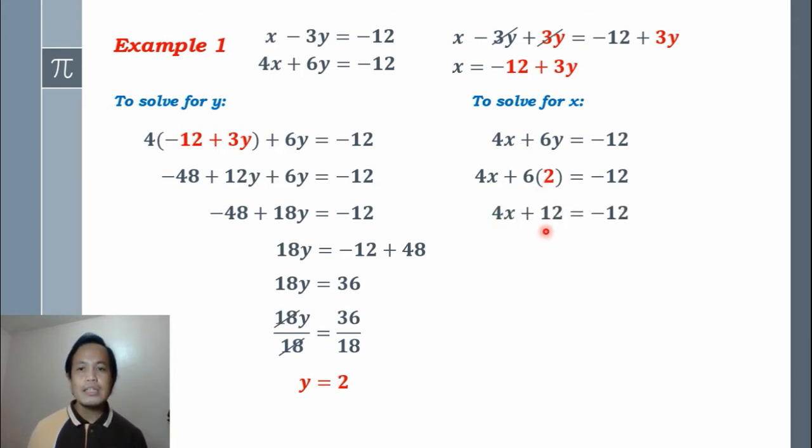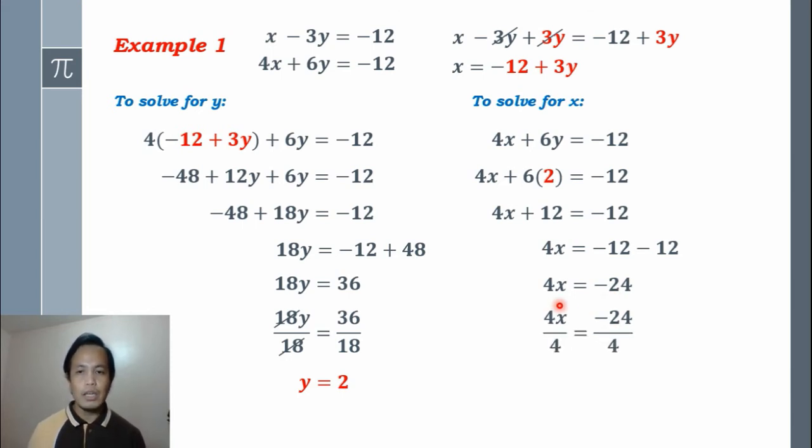Then copy 4x. Since we have the positive 12 here, we will use the subtraction property of equality. So we will subtract 12 here. We cancel out, then we subtract 12 at the left side. Since 12 is cancelled out, what remains here is 4x, and we have subtracted 12. So negative 12 minus 12 is negative 24. To solve for x, we need to divide both sides of the equation by 4.